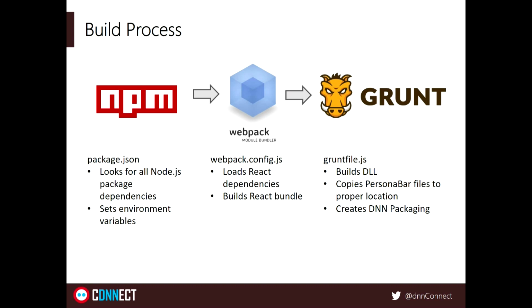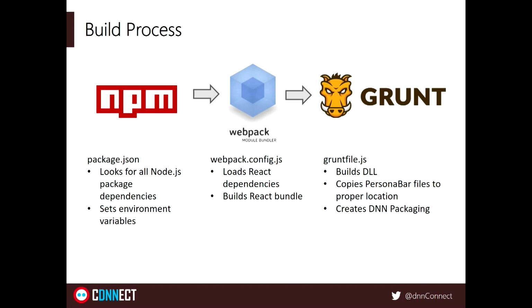But it's building the DLL, it's copying the persona bar files to their proper location outside of this folder, and then it's also creating the DNN packaging if you want to do that, which will create a nice install zip that you can hand off to your customer to install your extension. So I no longer need to use MS Build for this, because this process has a lot more features, and it's also a lot quicker as well.